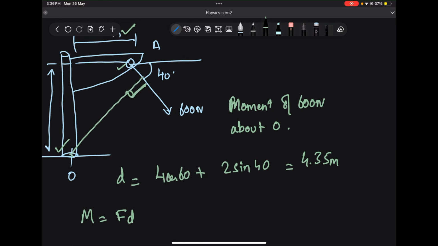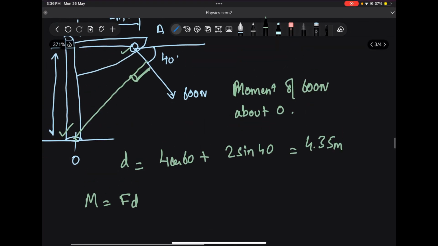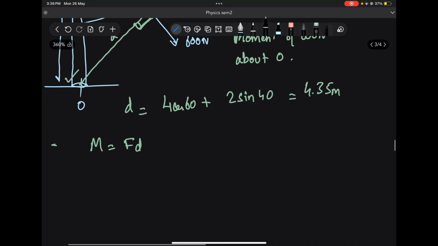Okay, so this might not join at A. I just took it so that it's perpendicular to my force, and I calculated D accordingly. So with that I got to the value of D, and since this length D is already perpendicular to my force, I can simply use moment is equal to F times D. So I can write this as 600 into 4.35, which is equal to 2610 Newton meter.